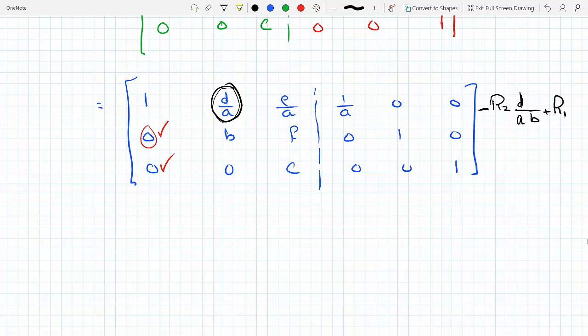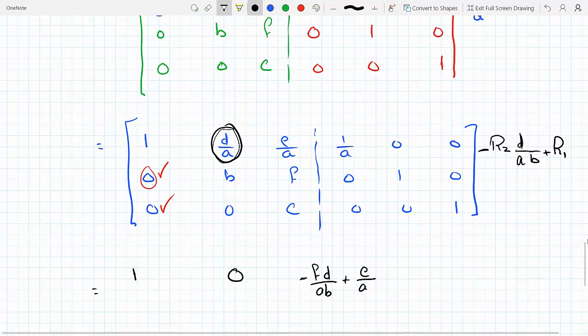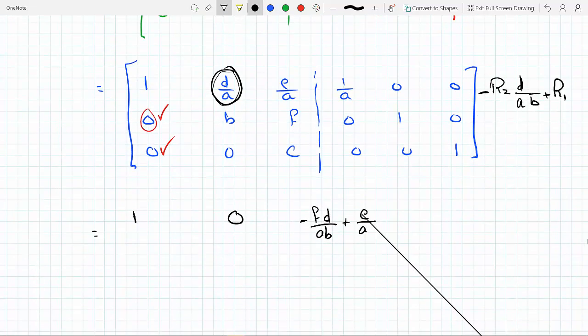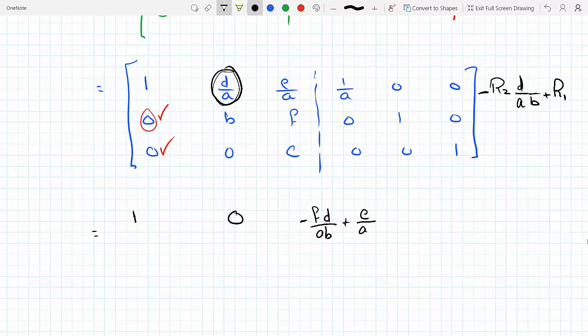And then of course we have to apply this to all of them, so let's go ahead and do that. The 0 here doesn't change, so 1. This becomes a 0, and this is going to become minus FD over AB plus E over A. Wait, AB, yeah, E over A. I was wondering if I got the E confused with a C. I didn't.